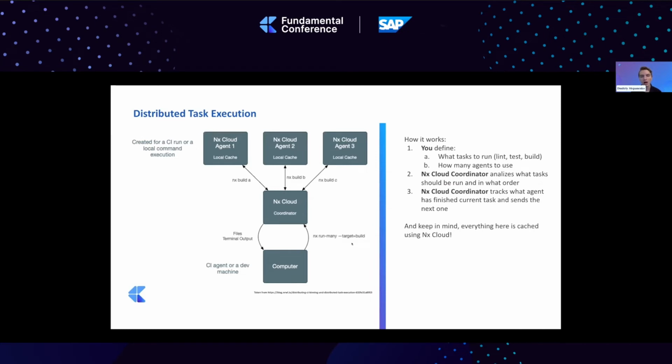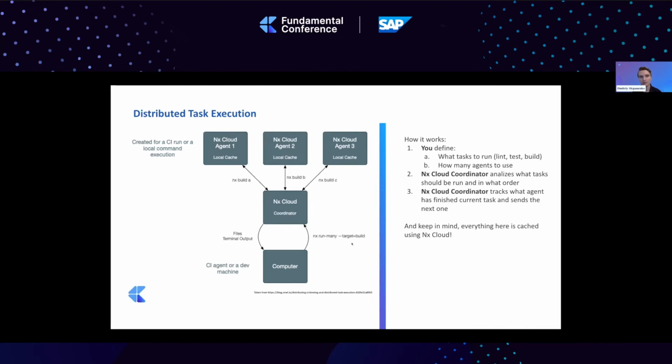So for it to work, you should define what tasks to run. It can, for example, be lint, test, and build, and basically your CI checks, right? And also how many agents you want to use for it. Then the Nx Cloud coordinator analyzes what tasks should be run and in what order.